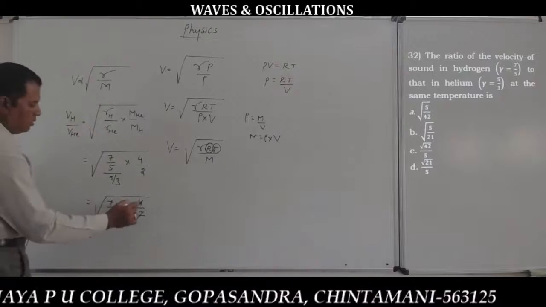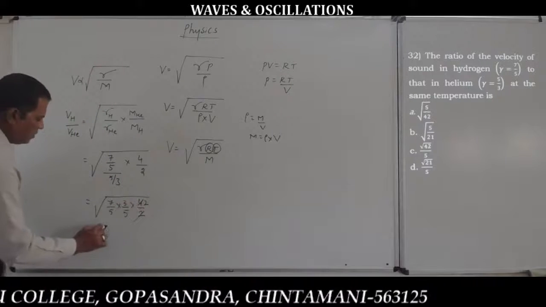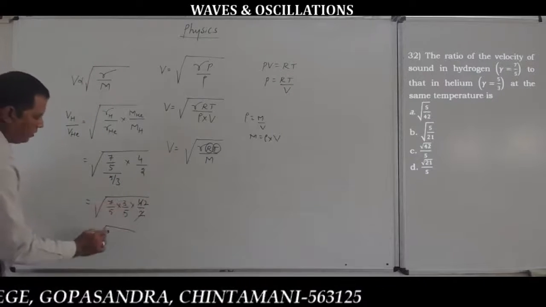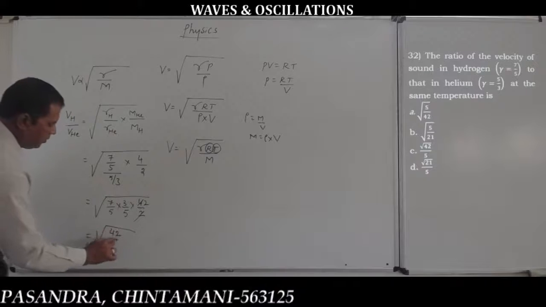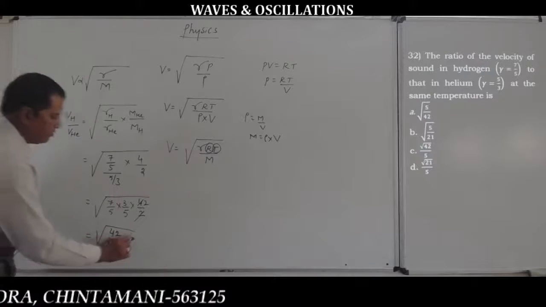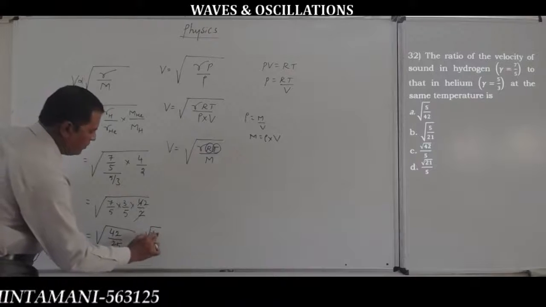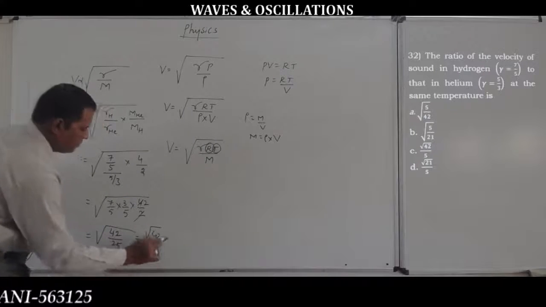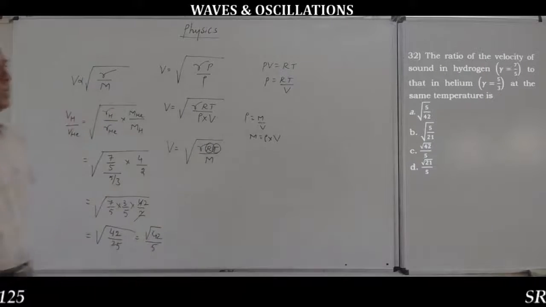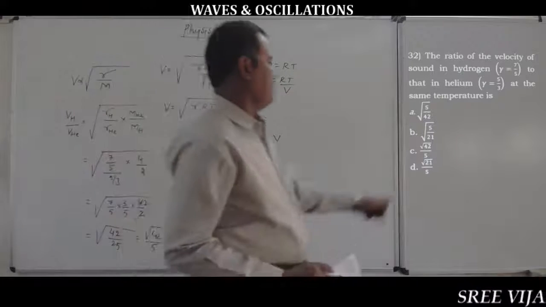Two twos are 4, twos are... square root of 7 into 3, 21 into 2, it is 42 by 25, or this is equal to square root of 42 by 5. So therefore we get option C here.